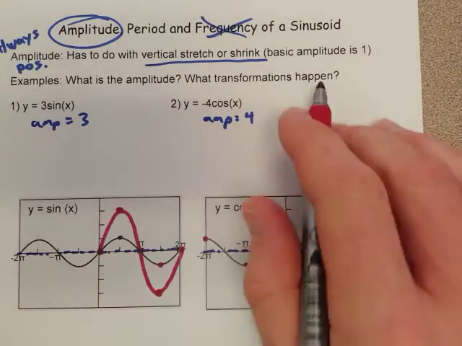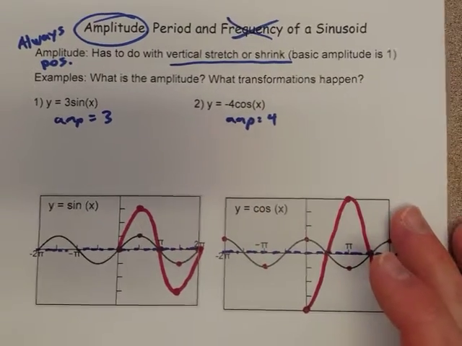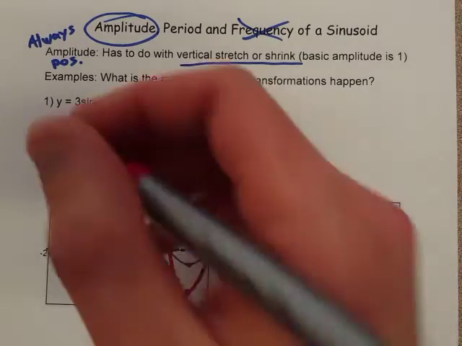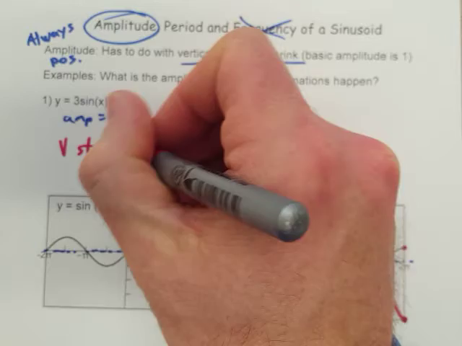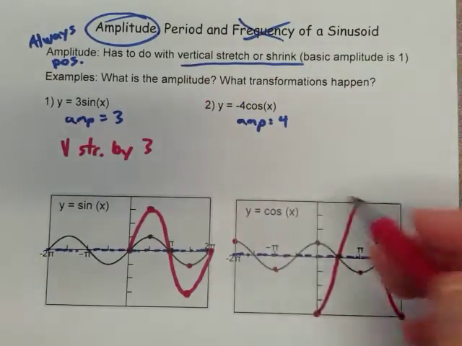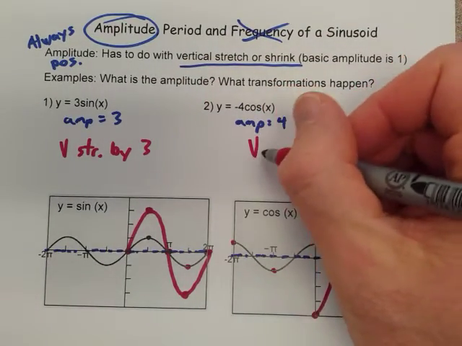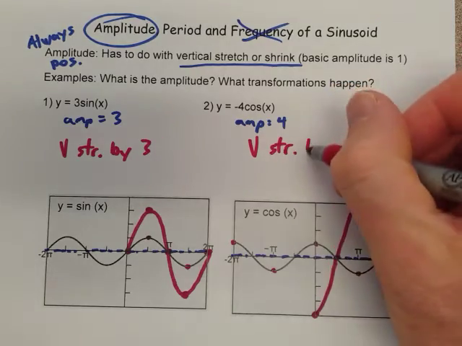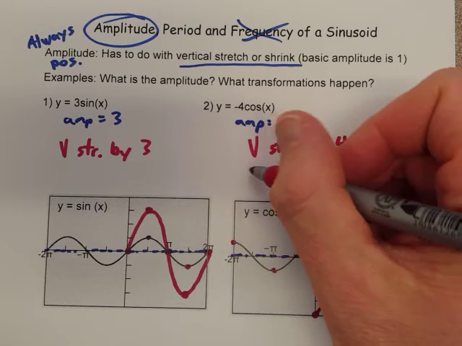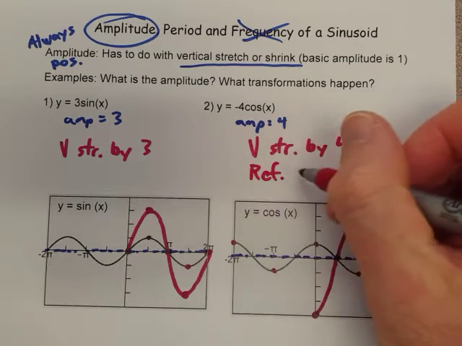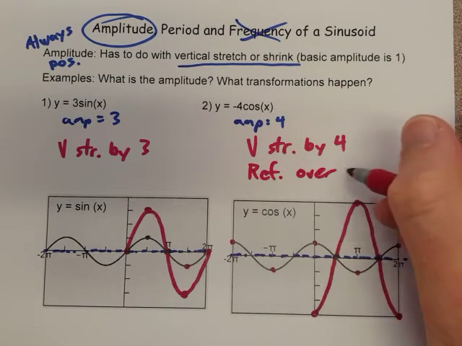So the transformations that happen on these, when we have an amplitude of 3, that means that we are going to do a vertical stretch by a factor of 3. When we have an amplitude of 4, it's a vertical stretch by a factor of 4, but that negative also means that we are going to reflect over the x-axis.